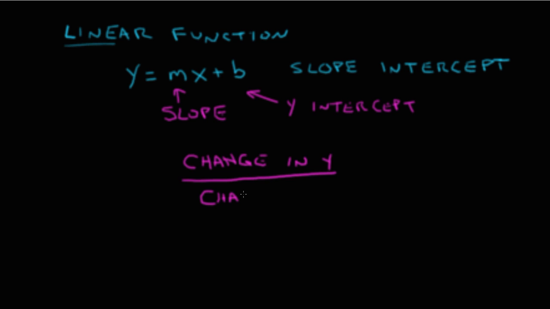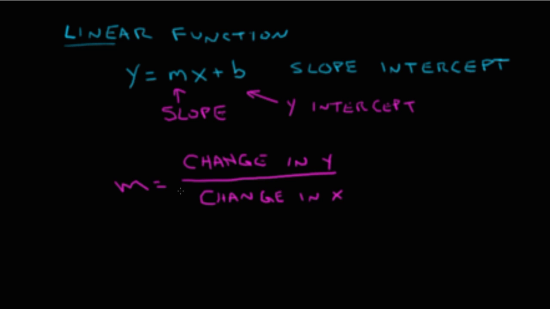It's a ratio of how fast you change in the vertical direction versus how fast you change in the horizontal direction. And so that's how we find our slope. It's the change in y divided by the change in x.